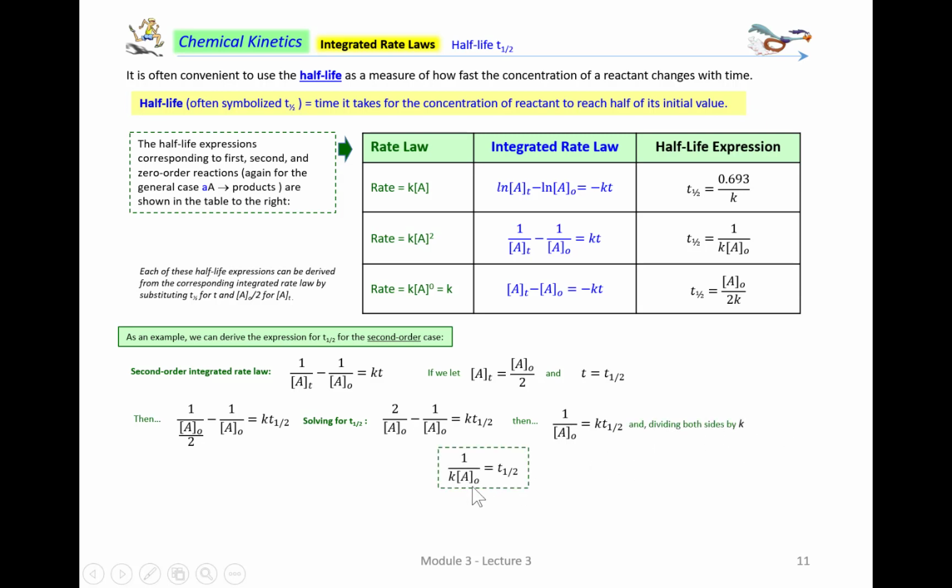We get that the time it takes for half of the initial concentration to disappear is equal to 1 over the rate constant times the initial concentration, which is what we have right here. The half-life expressions for the first order and the zero order could be obtained in a similar way.